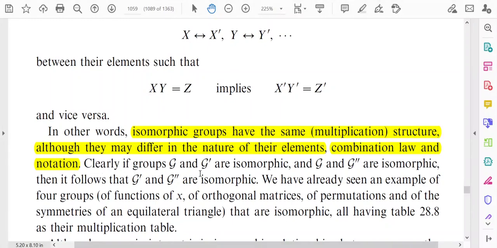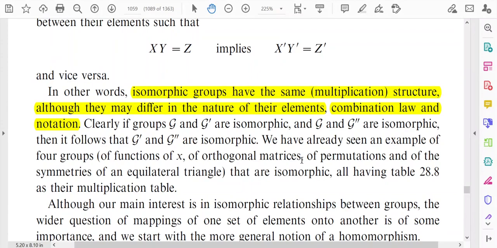Clearly, if groups G and G prime are isomorphic, and G and G double prime are also isomorphic, then we can say that G prime and G double prime are also isomorphic.